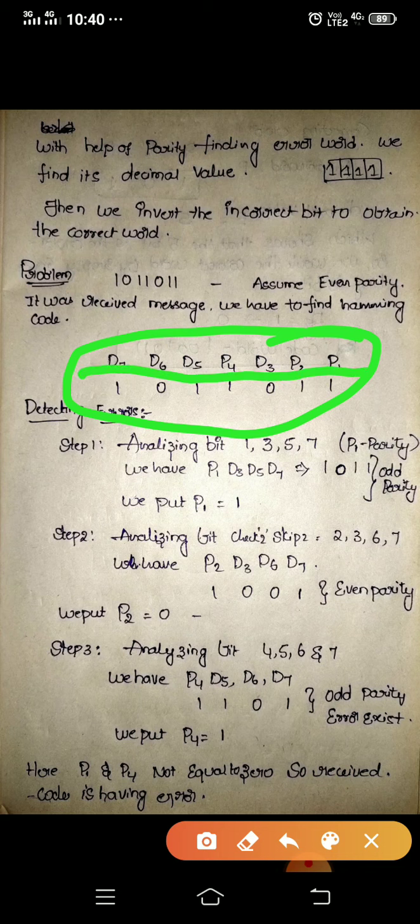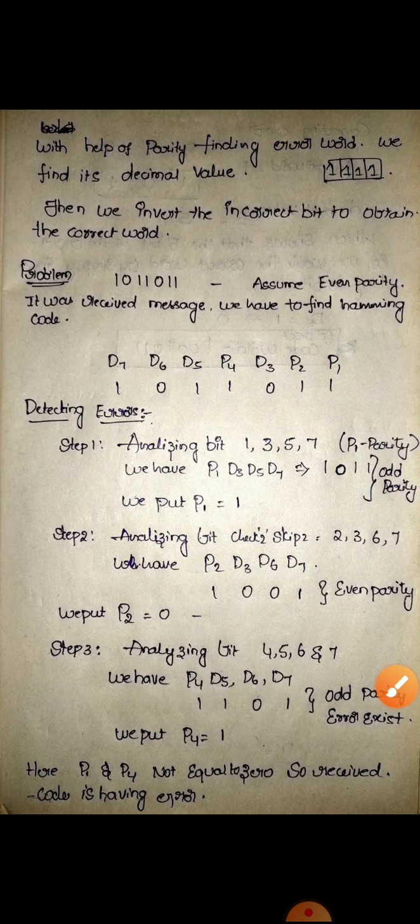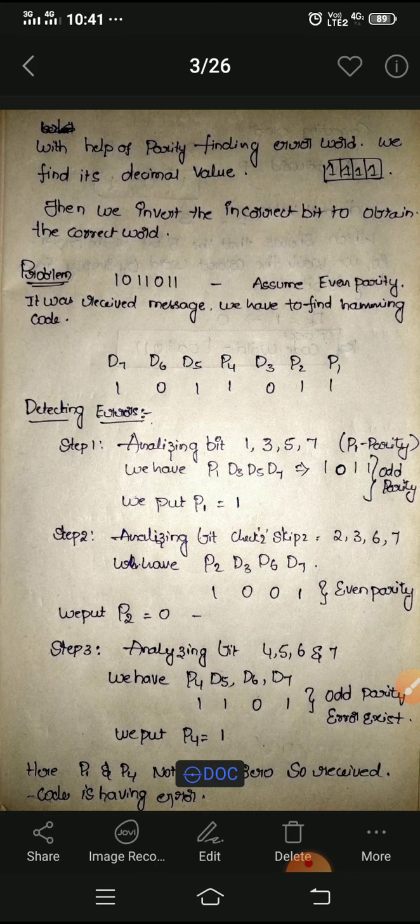So just have a look. P1 position is 1, P2 position is 1, D3 position is 0, P4 position is 1, D5 position is 1, D6 position is 0, D7 position is 1. So 1 0 1 1 0 1 1, these are my positions. First of all I need to find out whether an error is present or not.